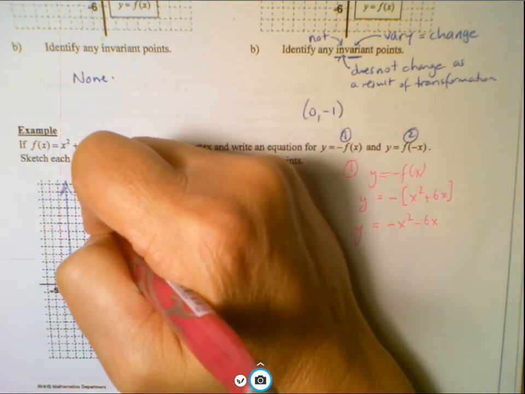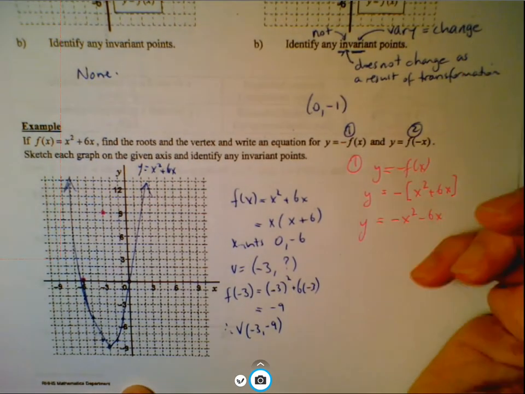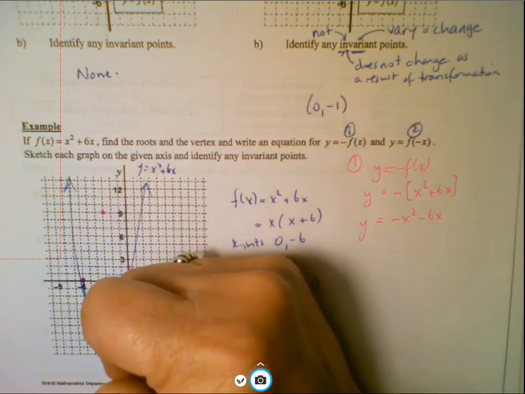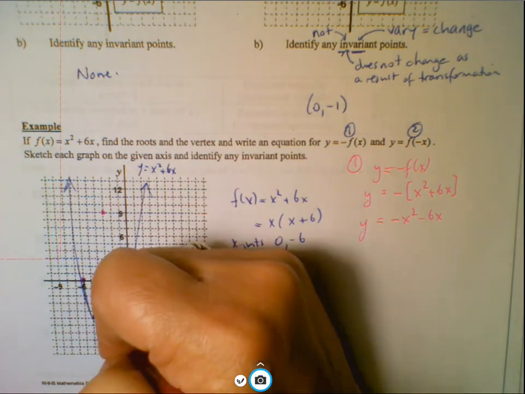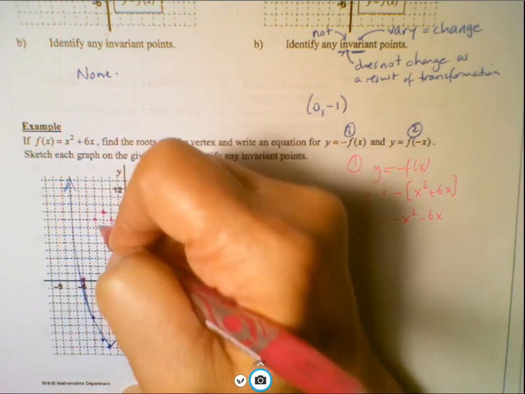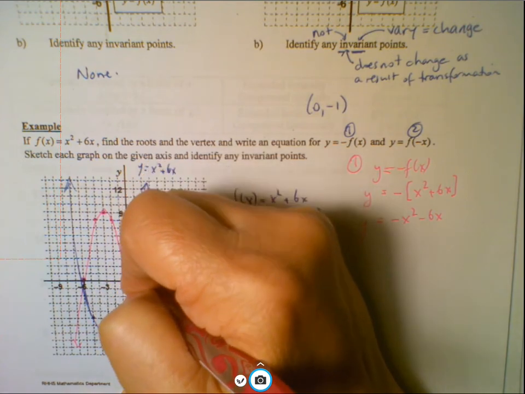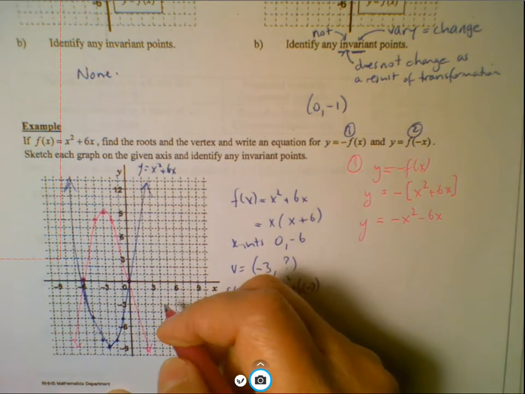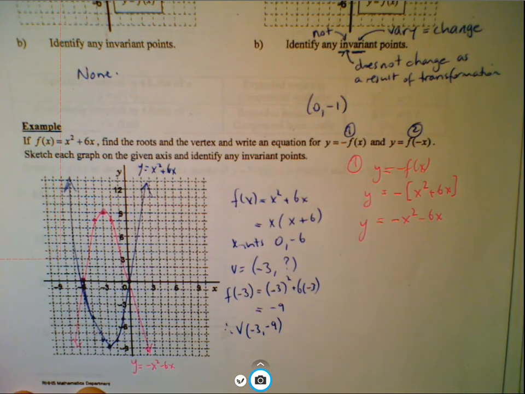So remember, all the y values are going to change sign. We were multiplying them by -1. And then this one over here, that's (-4, -8), is going to be (-4, 8). There'll be another one on the other side. And now I've graphed it easier using the transformation. And I will put the equation here, y = -x² - 6x.